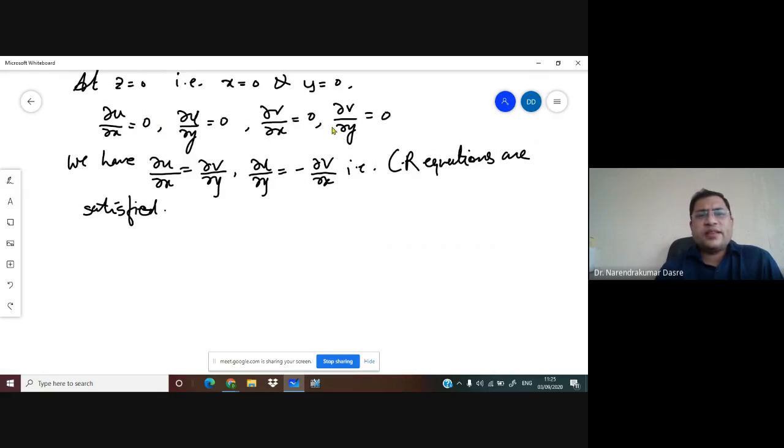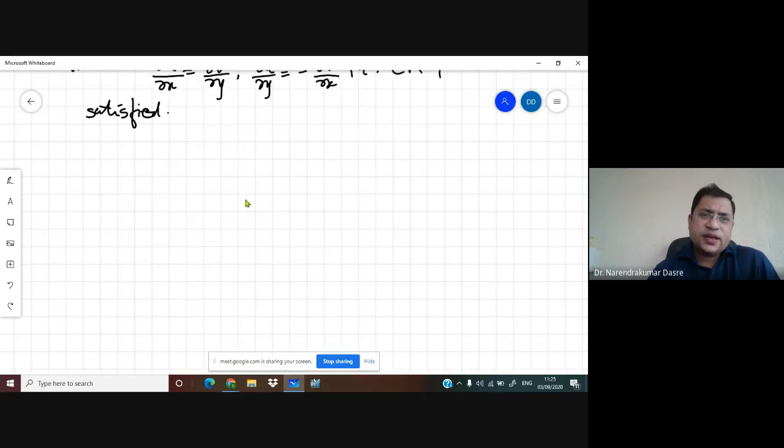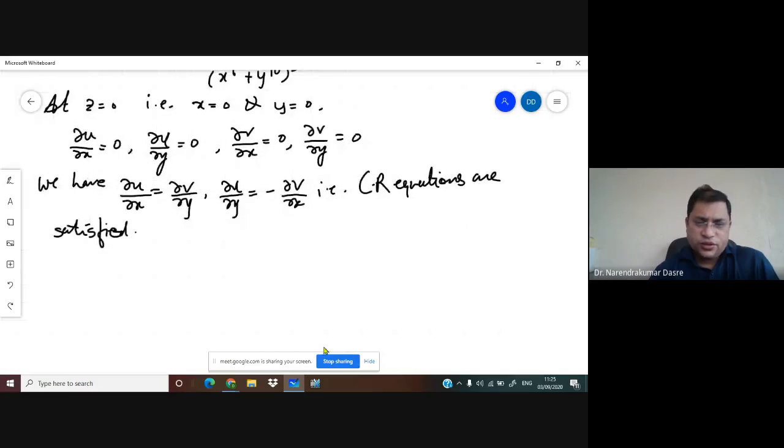Now can you tell me whether they are continuous? So see these conditions, ∂u/∂x is equal to 0, ∂u/∂y is equal to 0, ∂v/∂x is equal to 0, and ∂v/∂y is equal to 0. So we have to test these first order derivatives, whether they are continuous or not. So are they continuous?